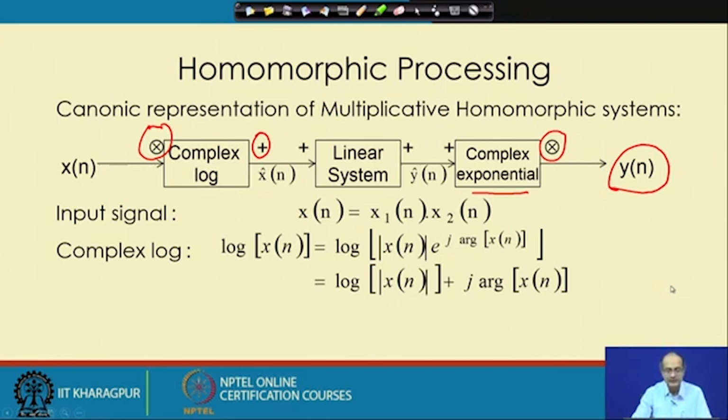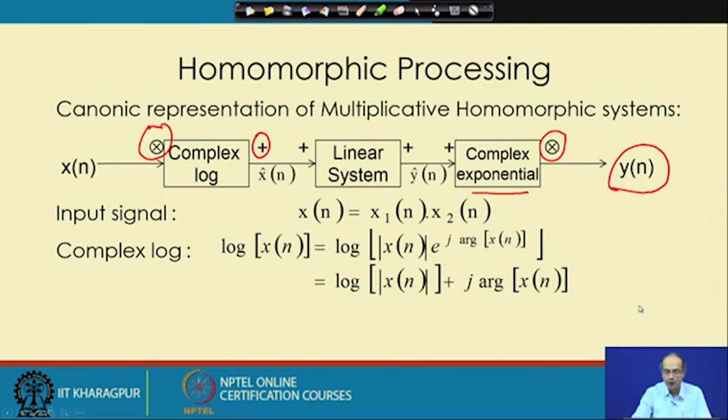If we take a complex number and take the log, we first express that complex number in terms of its absolute value and the angle associated with it, the radial form.